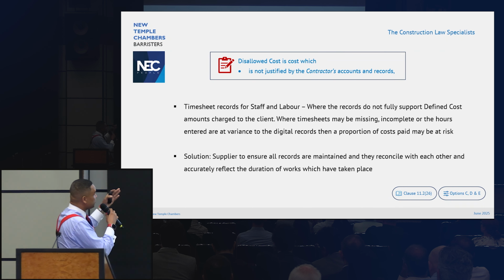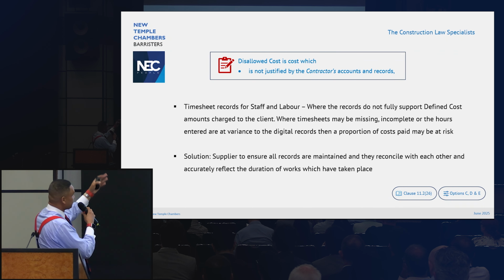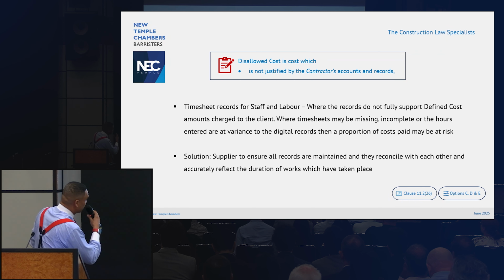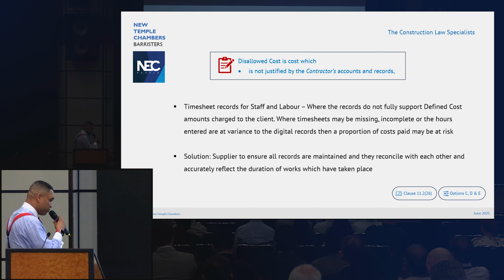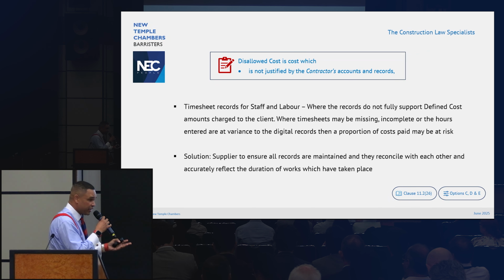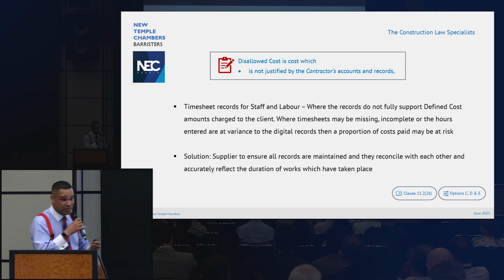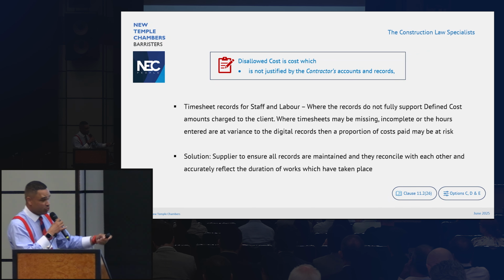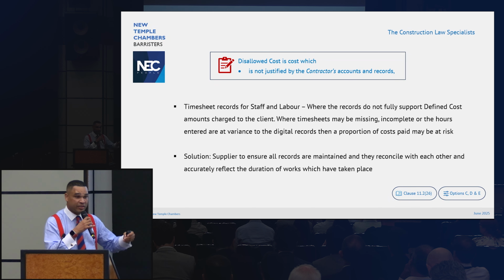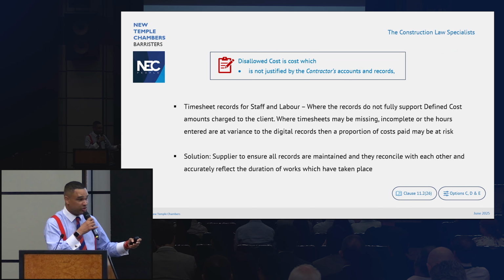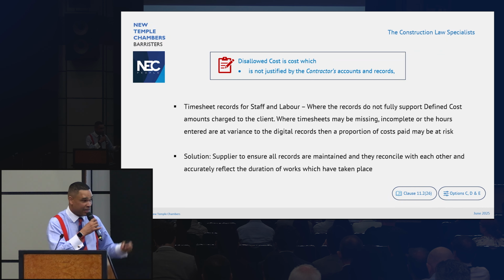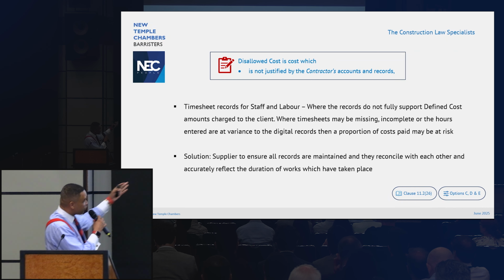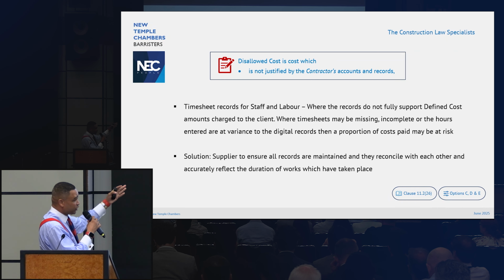Timesheets for staff and labour. What clients are actually being charged. What's on those timesheets? Are they incomplete? Are they at variance with, for example, most of the projects involving NEC that I've been involved in and advising on, where you've got some sort of electronic system where everybody who comes through the barriers is logged digitally, whether it's fingerprints or a card with names, etc. Does that vary from the actual hard copy timesheets?